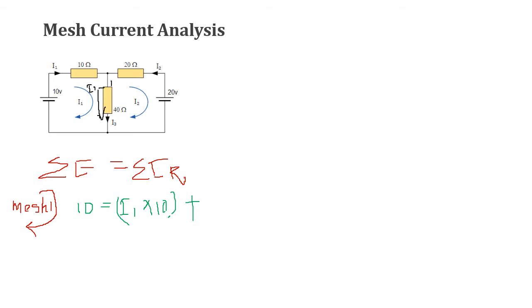Now we can substitute the resultant current into our loop equation. So within brackets I1 minus I2, into R2, whose value we know is 40 ohm.